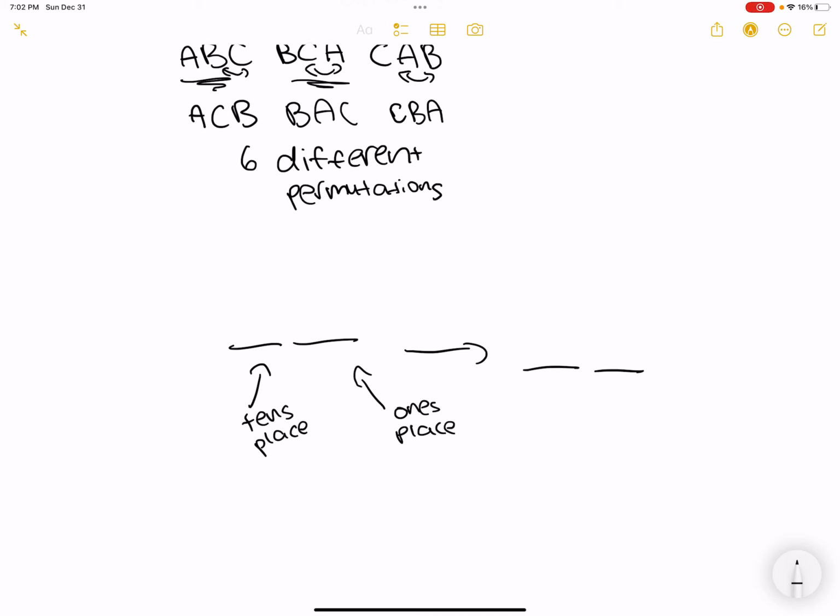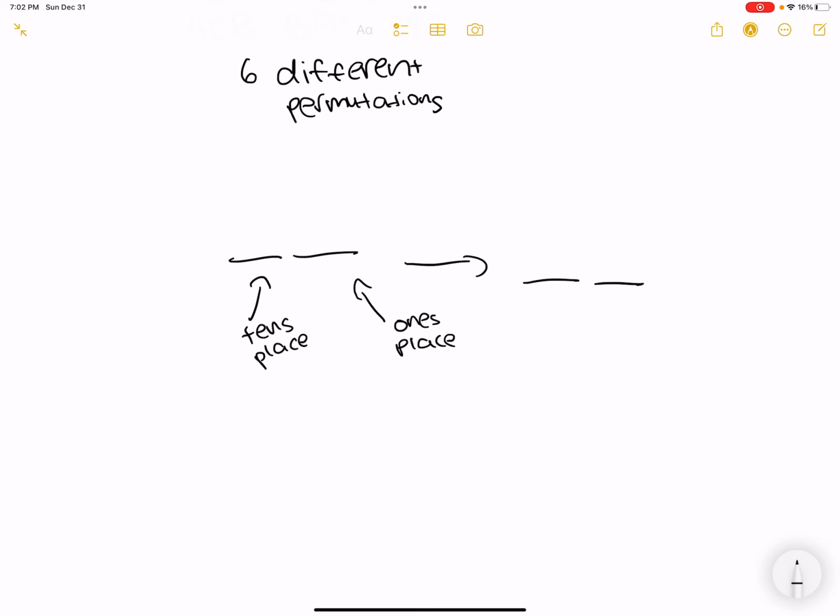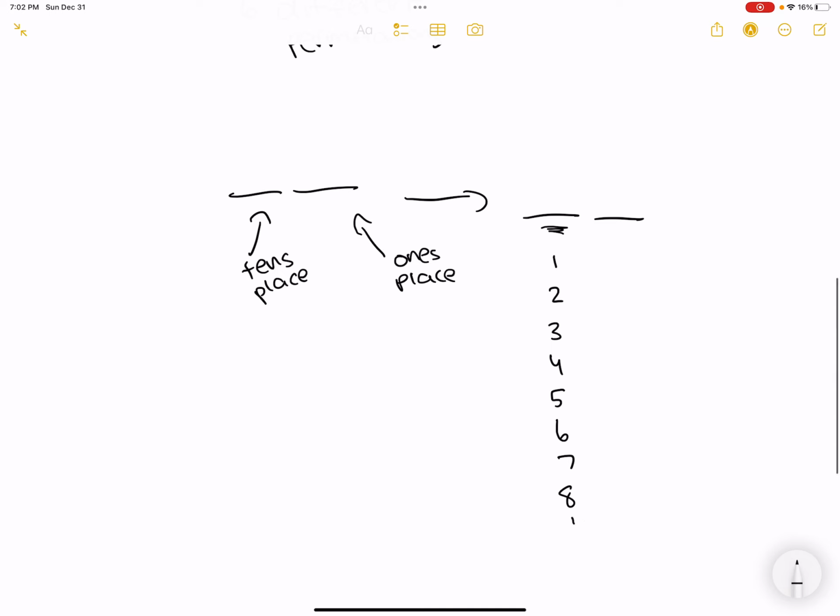So if we wanted to see how many different numbers are possible choices for the tens place here, let's see how many we could put. So we could do 1 or 2 or 3 or 4, 5, 6, 7, 8, 9. This shows 9 different options for the tens place.